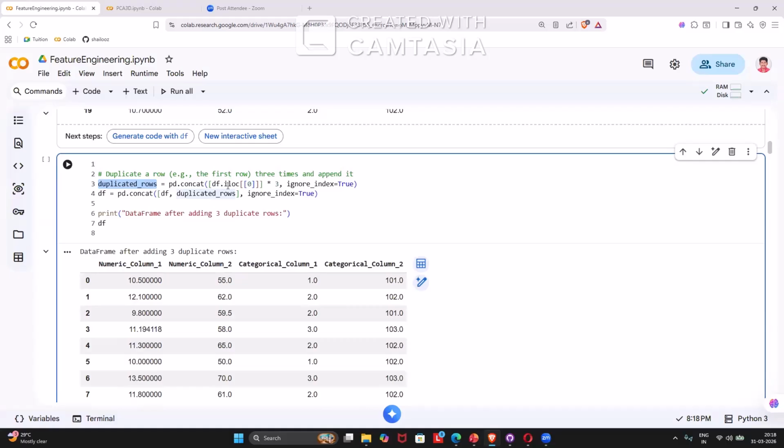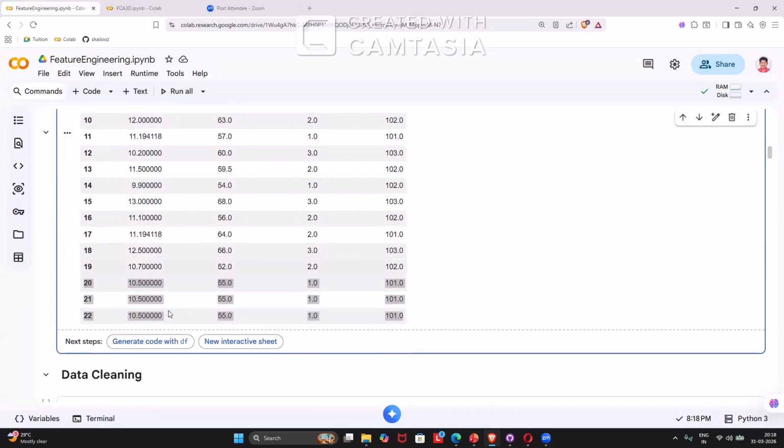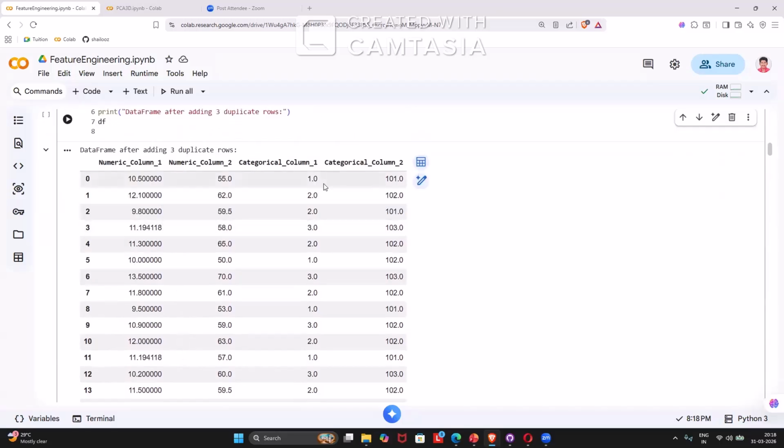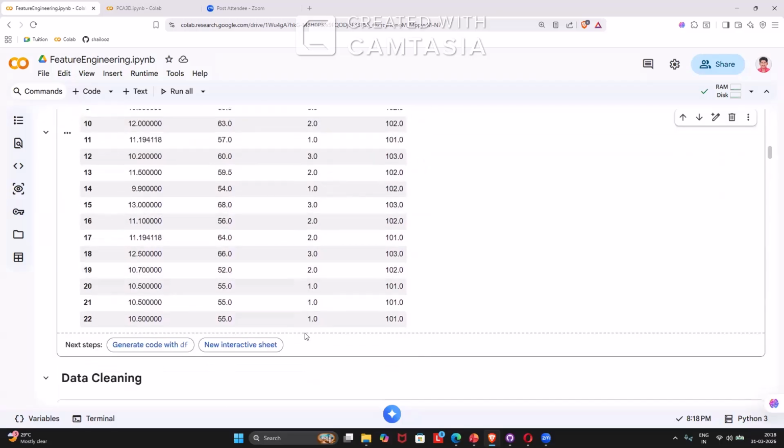The first row is repeated 3 times and concatenated, so you get a new data frame. Then the current data frame and the duplicate rows data frame are concatenated together to form a new data set. See, you can see the first row is duplicated here.